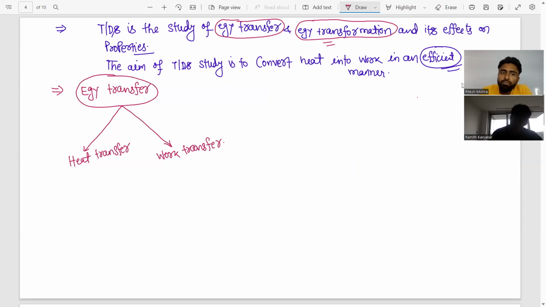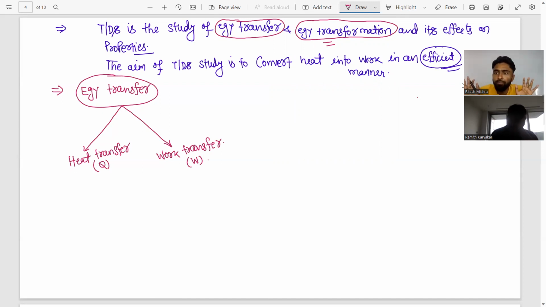Heat transfer is denoted by capital Q and work transfer is denoted by capital W. In thermodynamics, whenever you see the word heat, it means heat transfer.